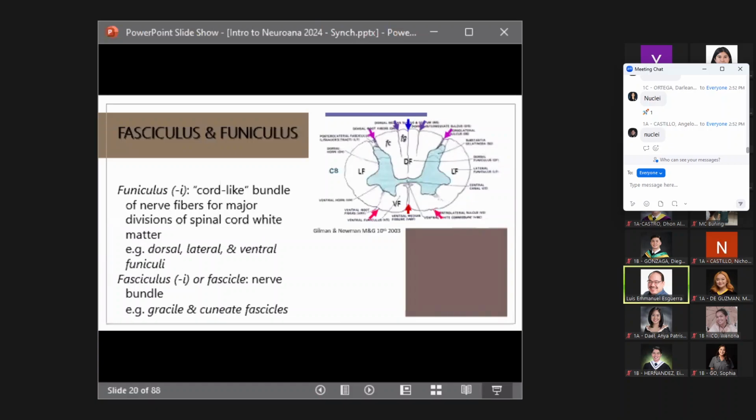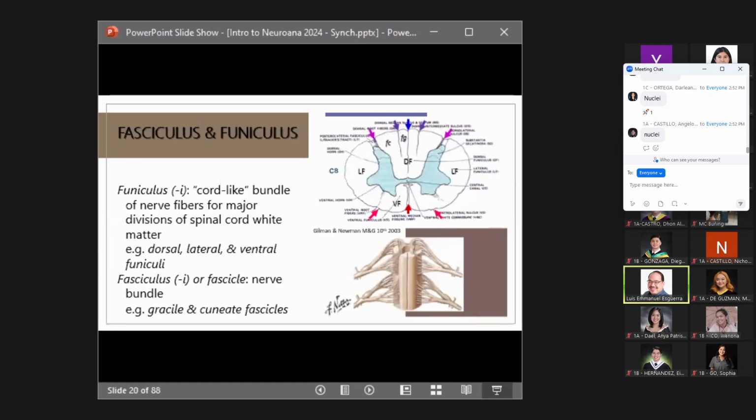So remember, this image is a cross section of the spinal cord. And thus the funiculi and fasciculi are also cut, transected in cross section. So you don't appreciate the cord-like or bundle-like feature. So just imagine these curved bundles here. This is another image from Netter, a little bit farther out.